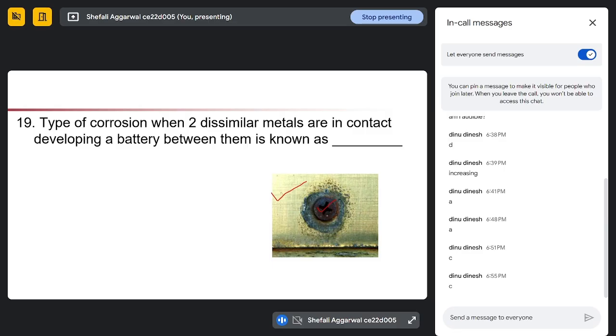However, only the screw is getting corroded, not the complete structure. What is happening is a battery or a cell is forming between these two metals, and this type of corrosion is called galvanic corrosion because a galvanic cell is forming between two different types of metals.